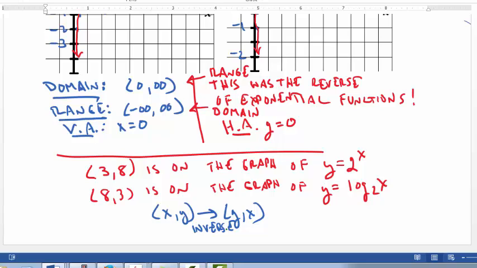So x, y on the graph of one function becomes y, x on the graph of the inverse function. So again, just think about how that works, and it should make a little bit of sense because it'll work with any inverse functions, not just exponential and logarithmic ones.